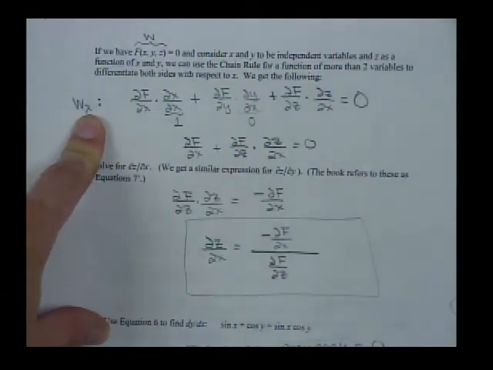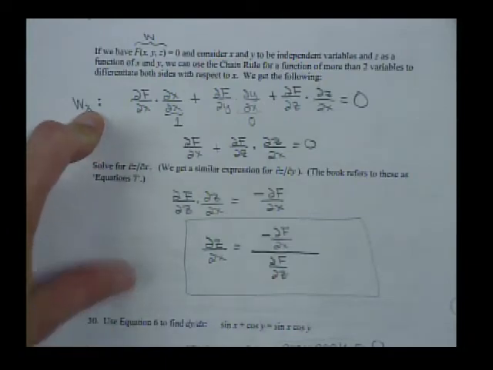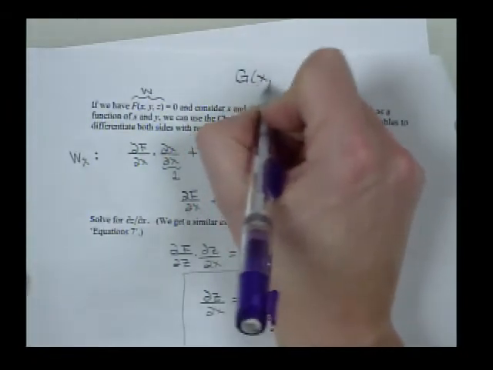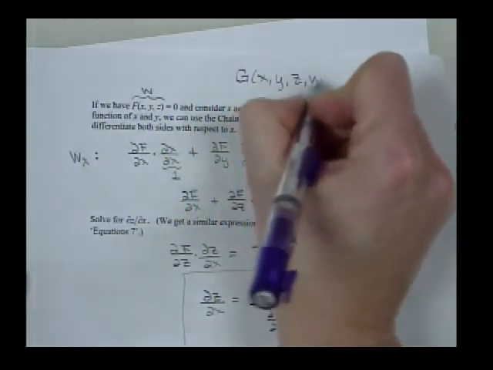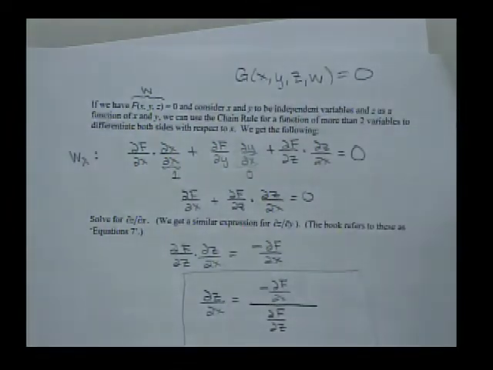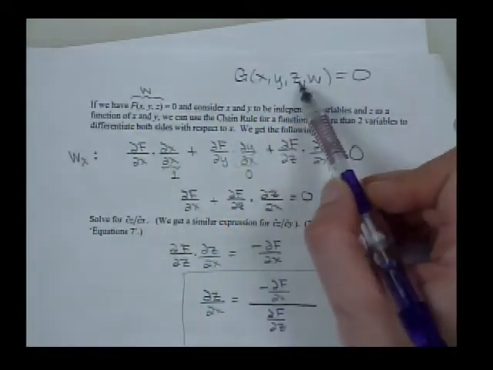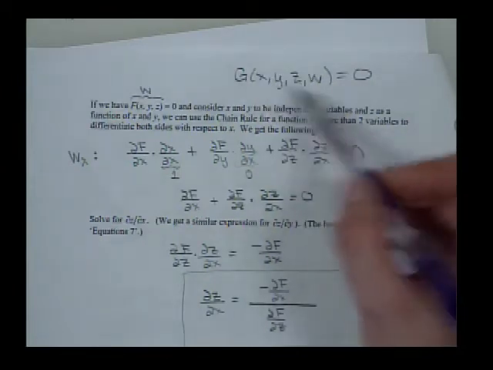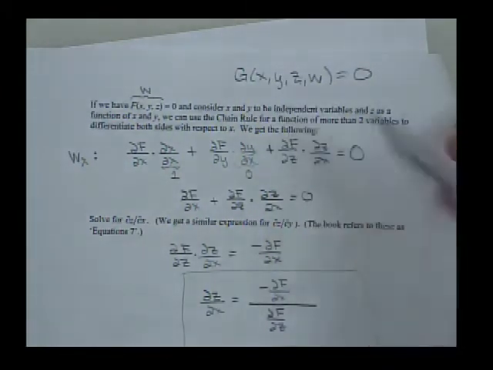We'll only take partials with respect to independent variables. So if we had like g of x, y, z, w, then we would treat x, y, and z as independent variables, and then we'd think of w as a function of those three. And then we'd have three partials, and we'd get a similar sort of thing, yes. Yep.